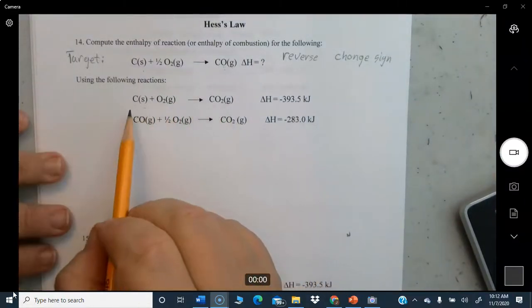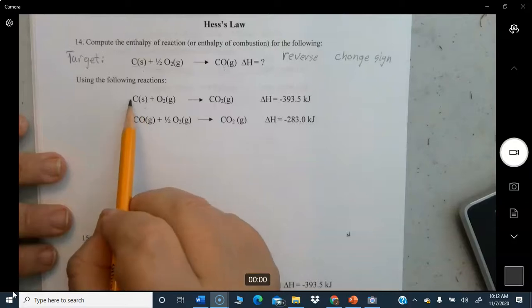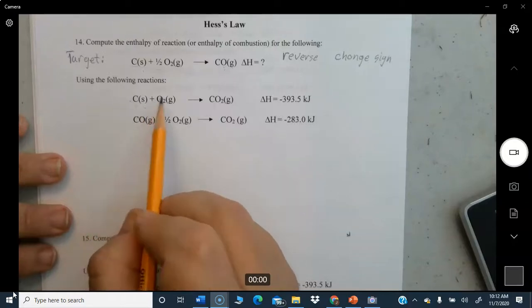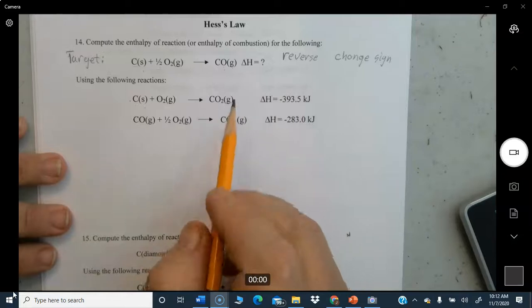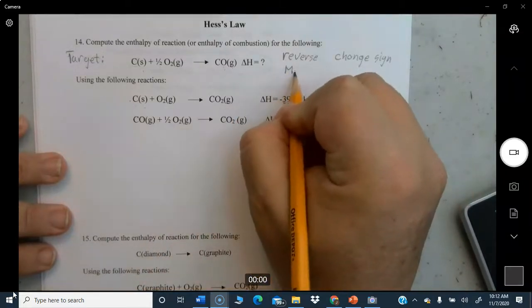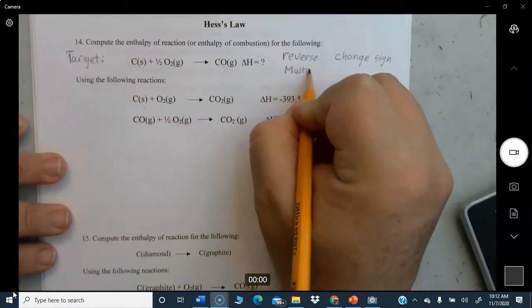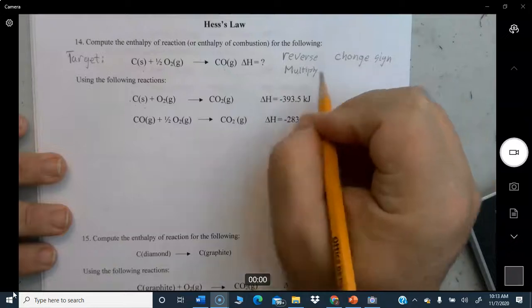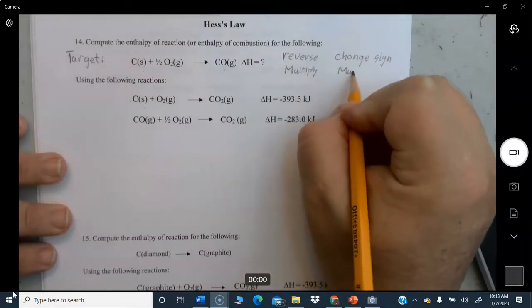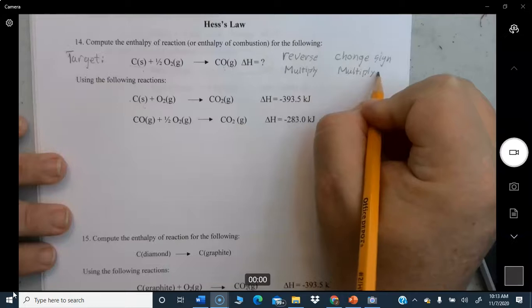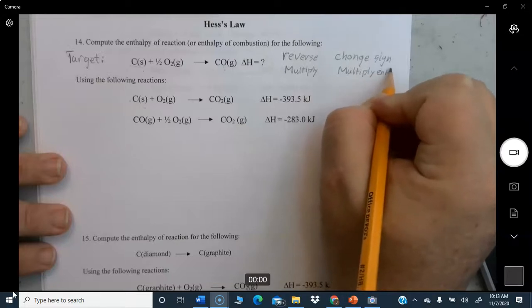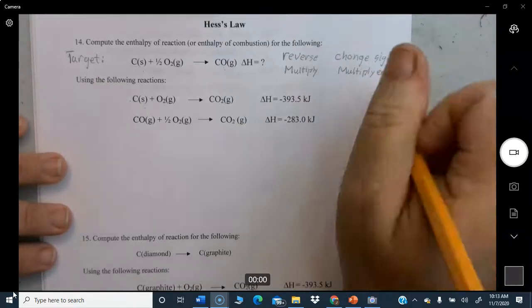Just like distributing a number in an algebraic equation. You can multiply this by 2, this by 2, this by 2. What that does is it multiplies the enthalpy by 2. So if you multiply the reaction, then you multiply the enthalpy. Let me just call it delta H.